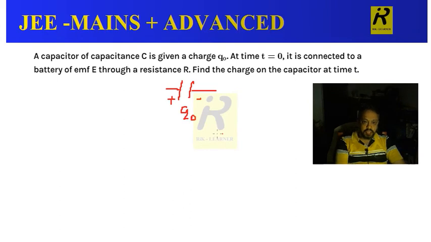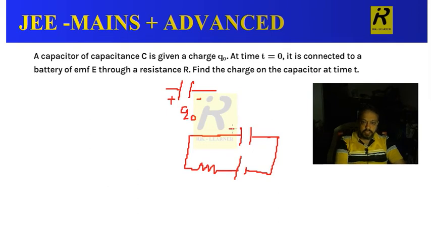Later, we are connecting this to a source of EMF like this. This is the actual capacitor we are having, and here is the charging resistor, and here is the battery, and we connected the capacitor like this.